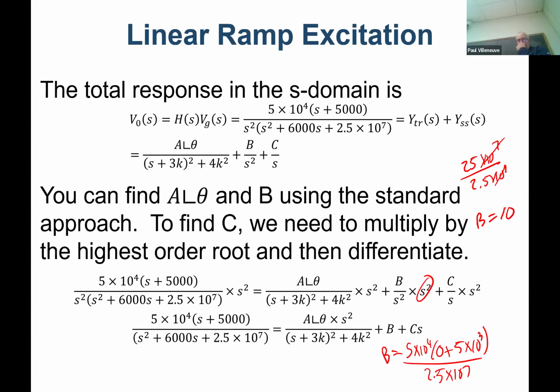So how would you solve for B? Or I'm sorry, A at an angle of theta. A at an angle of theta is equal to 5 times 10 to the 4th times S plus 5 times 10 to the 3rd all over S squared, evaluated at the positive real root.